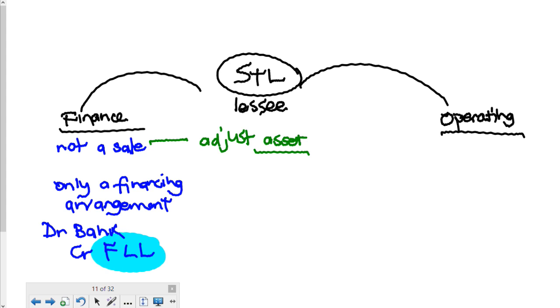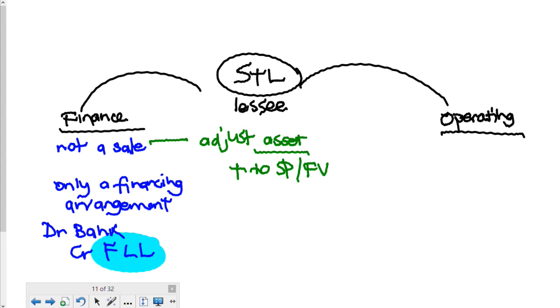We will adjust the asset by an amount to increase it to selling price or fair value, because I've sold an asset in legal terms, isn't it? Not in substance, but in form. In form, I sold my asset to someone. They bought it from me at a certain price.